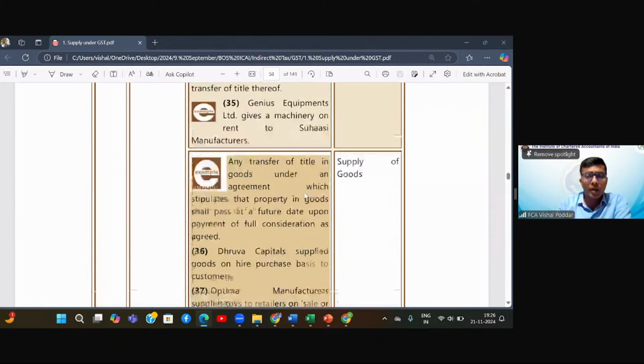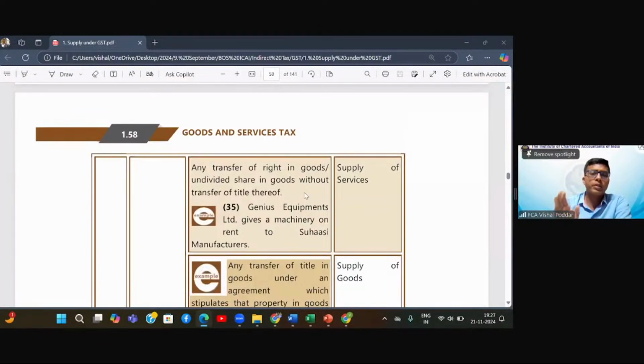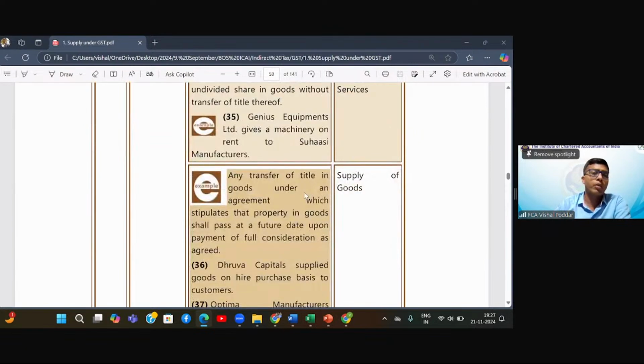However, where it is temporary transferring of the rights to use, not ownership, it will be supply of service. Clear? I hope this is very, very clear about goods.